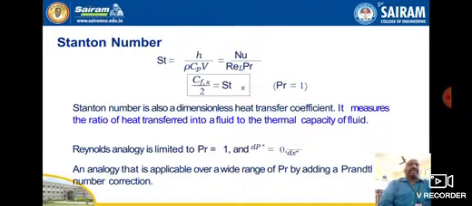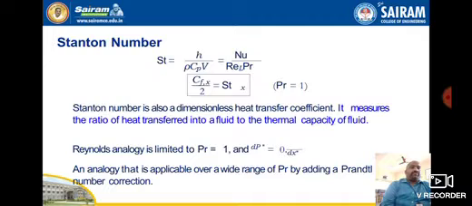And the next one is the Stanton number. The Stanton number gives the dimensionless heat transfer coefficient. It measures the ratio of heat transferred into a fluid to the thermal capacity of the fluid, and the relation is h divided by rho Cp V, or we can write it as the Nusselt number divided by the Reynolds number into the Prandtl number.